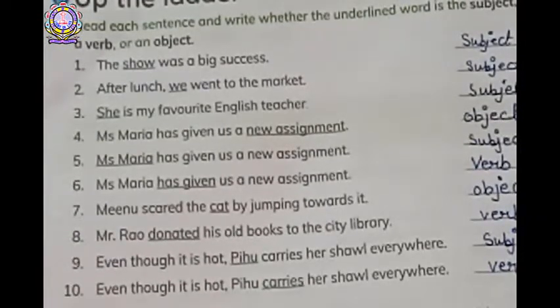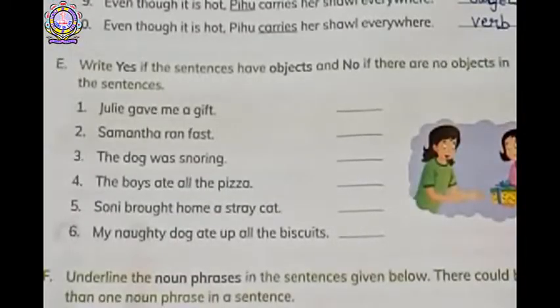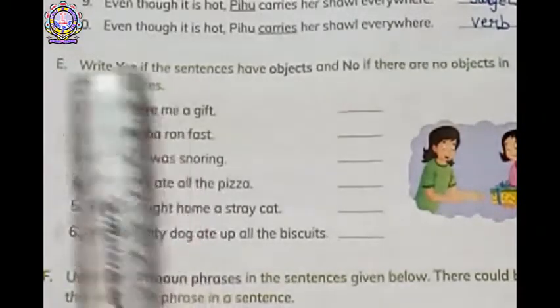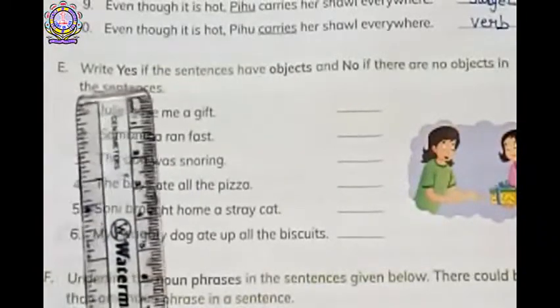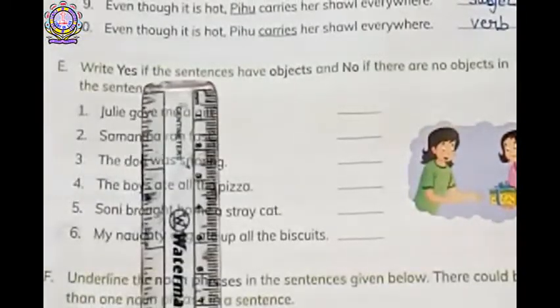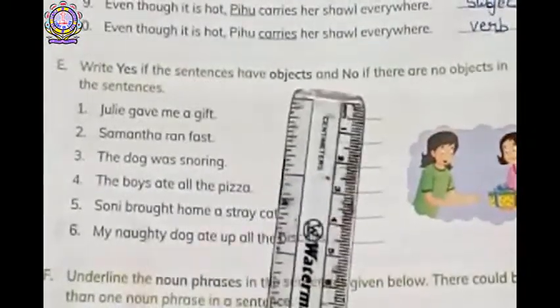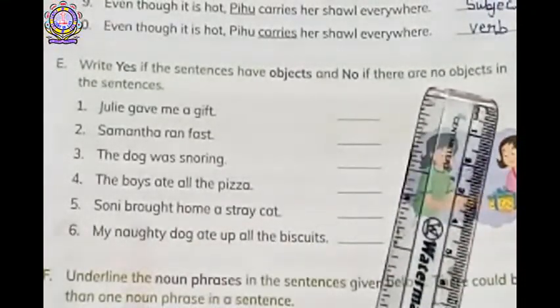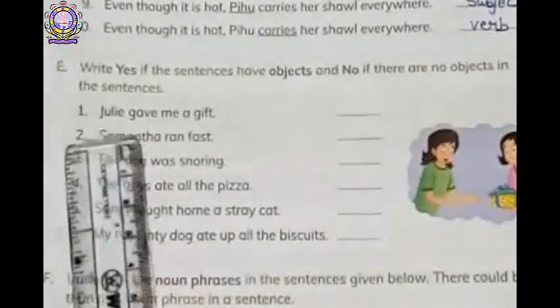Let's start exercise E. In this sentence, students, what we have to find, let's first read the heading. E. Write yes if the sentence has an object, and no if there is no object in the sentence.